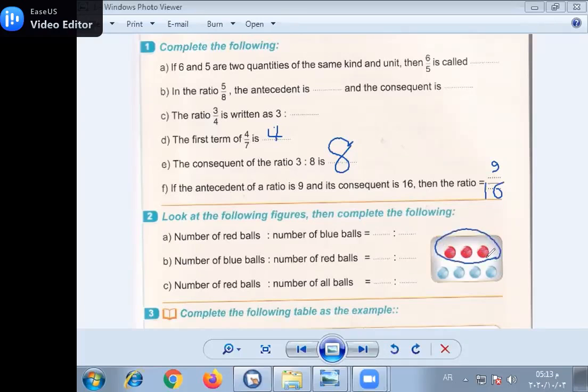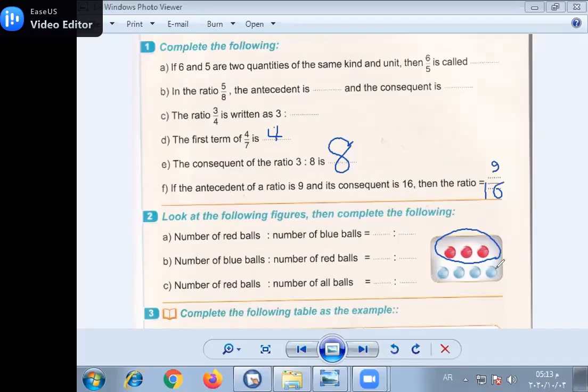And how many blue? 4. Okay. How many in all? Total. All balls equal the red balls plus the blue balls, equal 3 plus 4, equal 7. Yes, 3 plus 4 is 7.